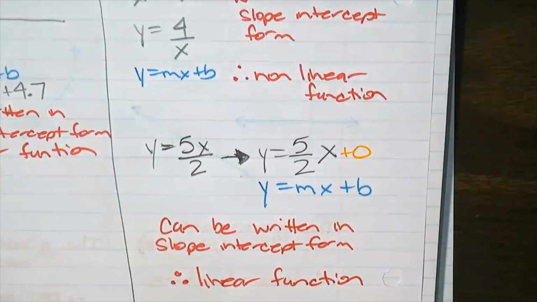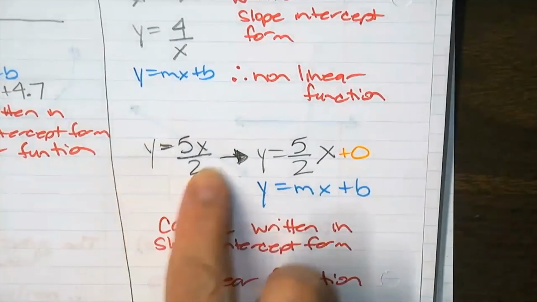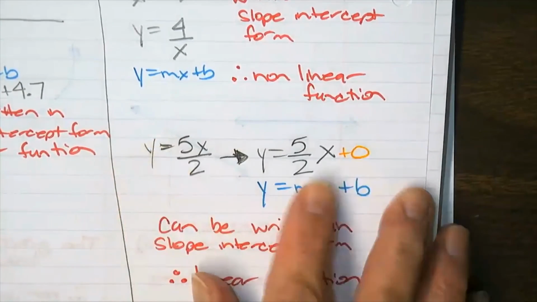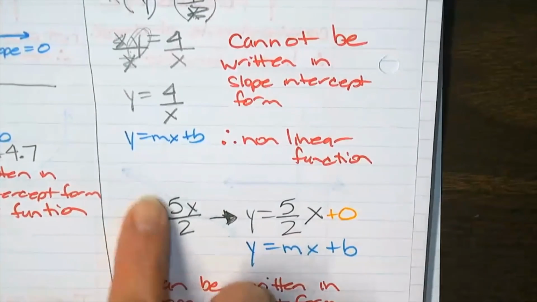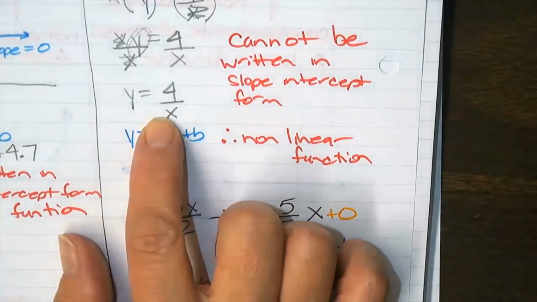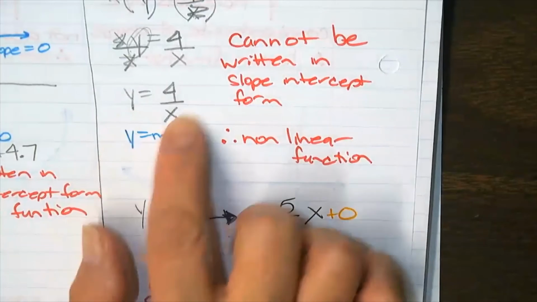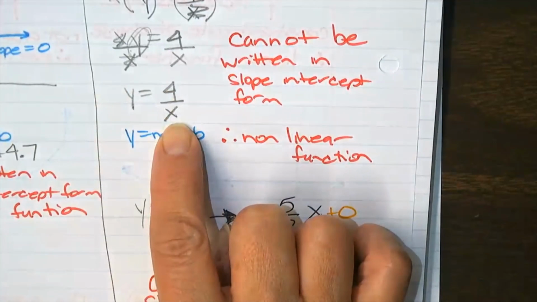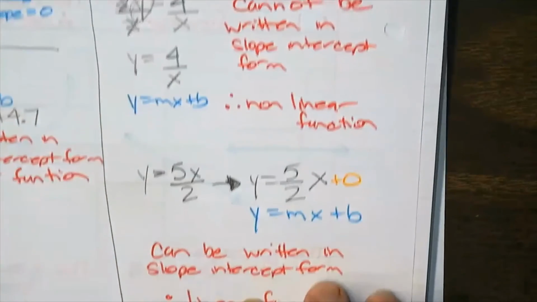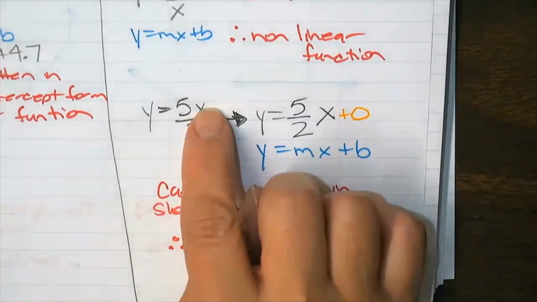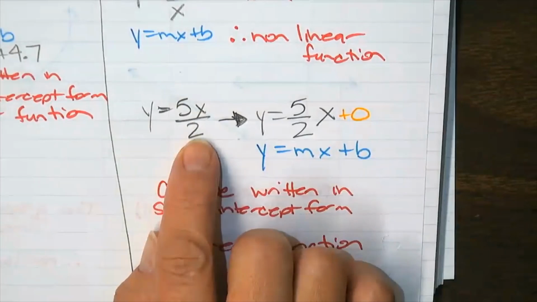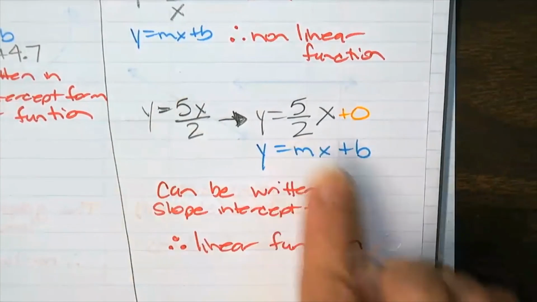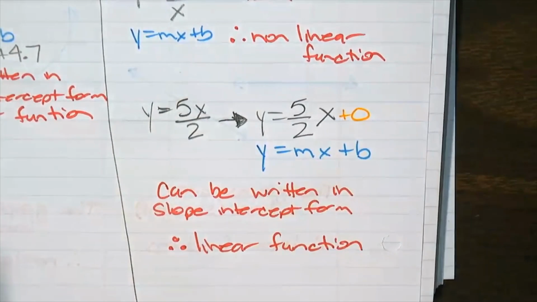So don't get this fraction confused with this fraction. Here, x is the denominator. Here, x is still in our numerator, and we can rewrite that fraction into slope-intercept form.